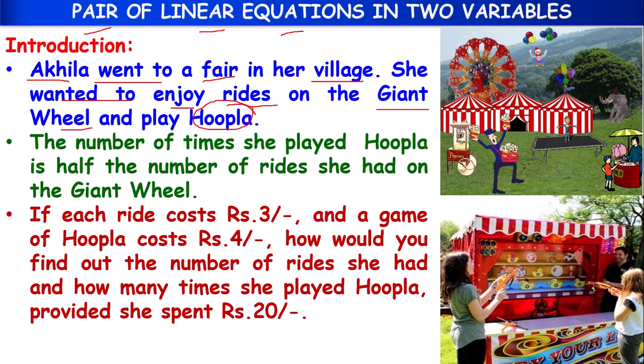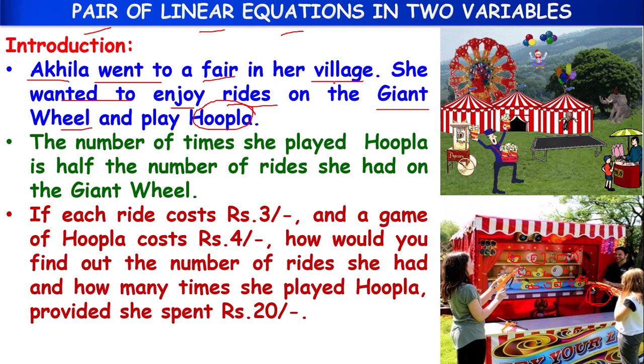Hoopla is a game where you give some money and buy some rings, and some items are kept on the table, or you are given a gun and some items are kept on the surface, so that if you throw the ring on any item, that item will be yours. Or if you hit any of the items with the gun, that item will be yours. So that is the hoopla game.